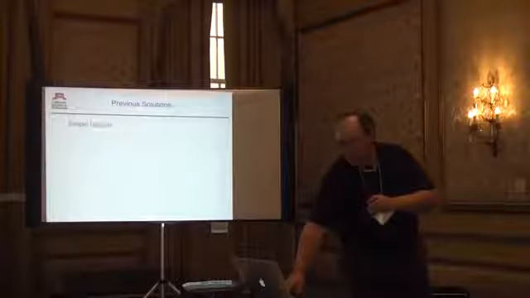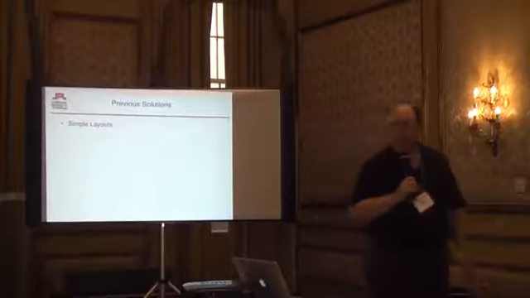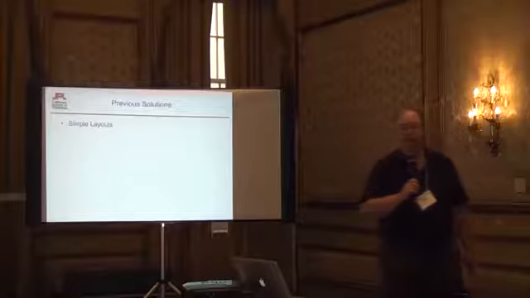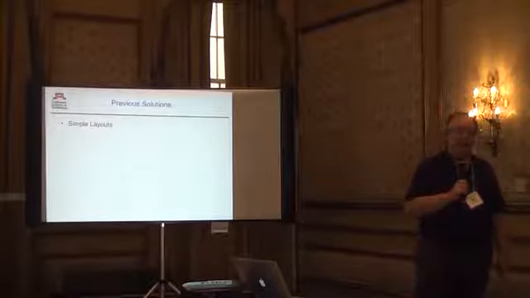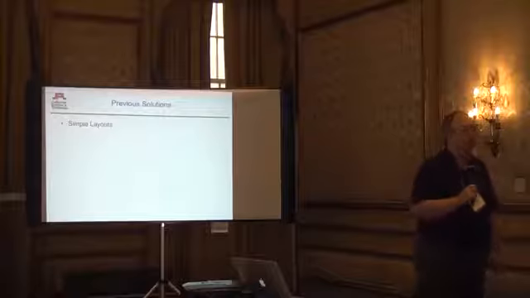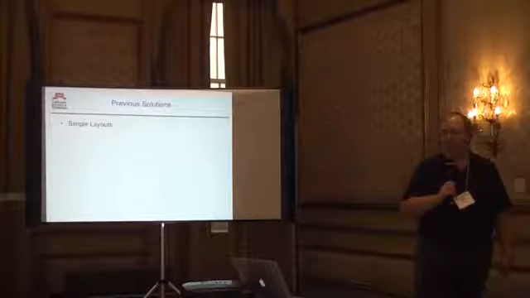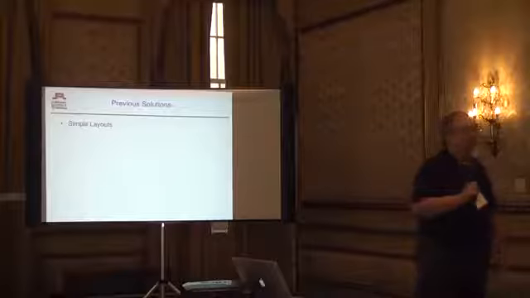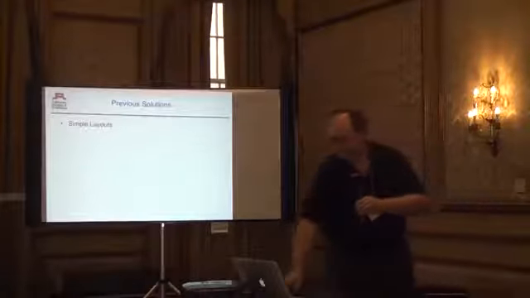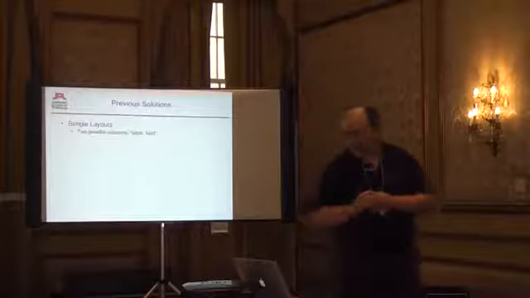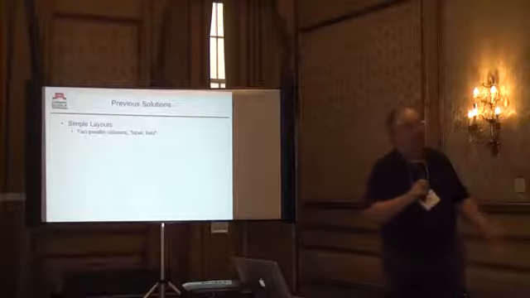Okay, my previous solution to this problem of editing these dialogues, actually I've had 2 previous solutions at least, and you can read about them in some detail in the paper. I'm not going to go into great detail about it. But they were, in terms of layout, just 2 parallel columns.